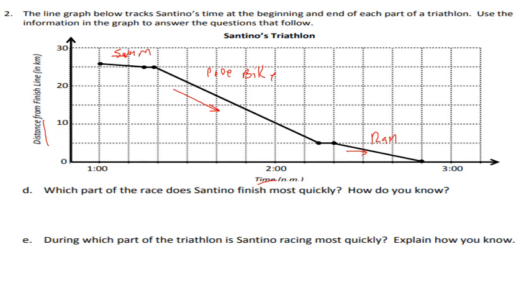But it says finished most quickly. Well, that puts another spin on it. Initially I was looking at which one he did the fastest. But you can see here the swimming took about 15 minutes, because from here to here was the swimming.